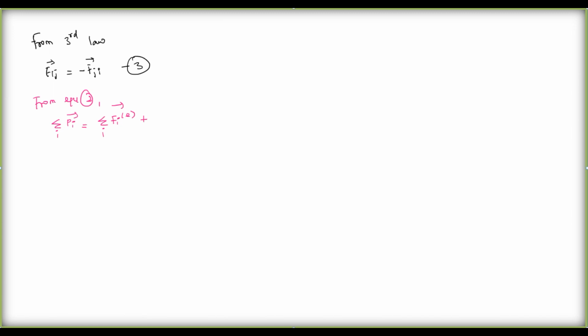Then we have to take summation i, then summation j, then Fij. So in equation number 1, we have to take the summation on both sides.